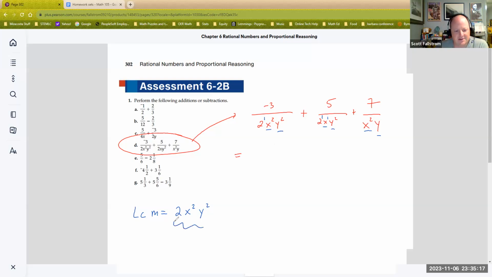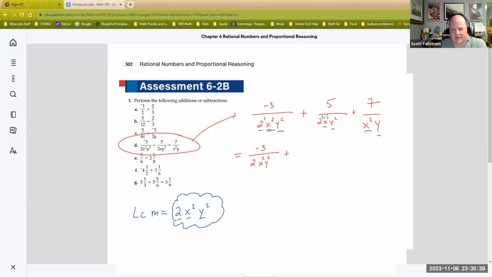So now this is my LCM. So you can figure out what do I need to multiply with. If I take a look, 2x squared y squared, the first entire term is perfectly fine. I don't need to do anything to it because it has an x squared y squared.